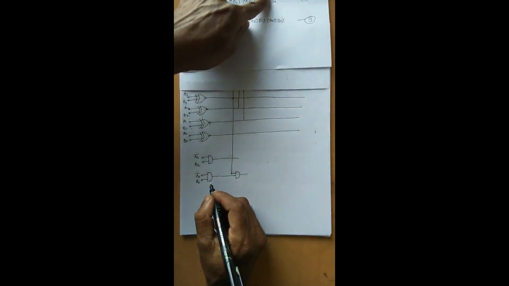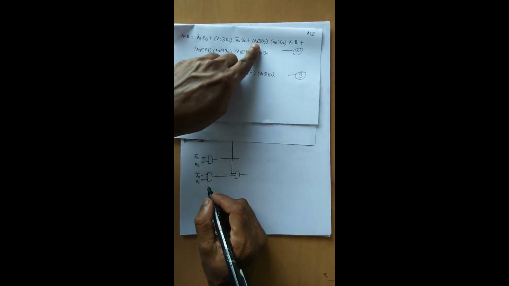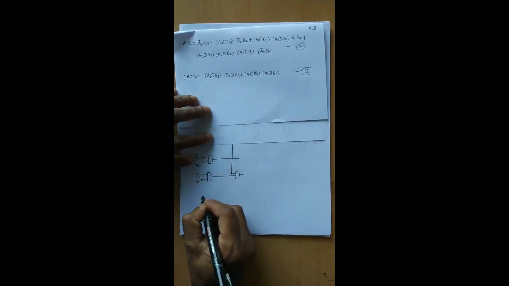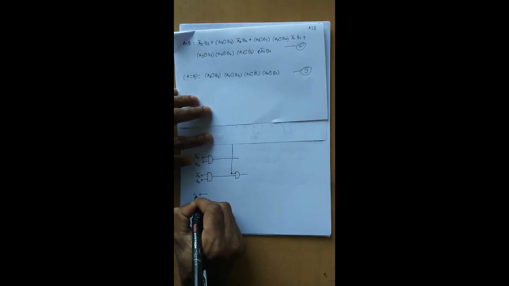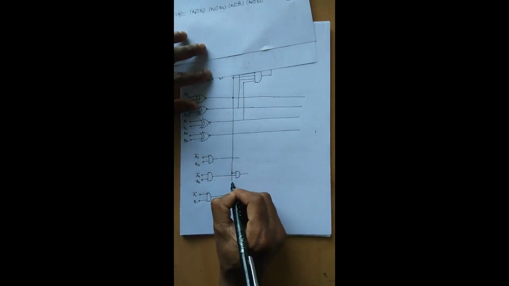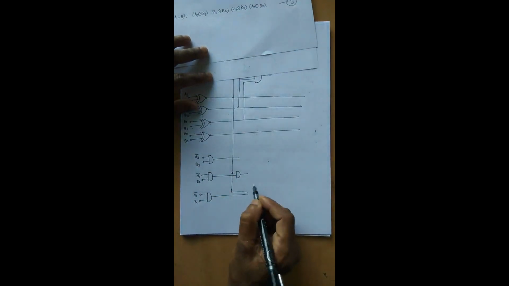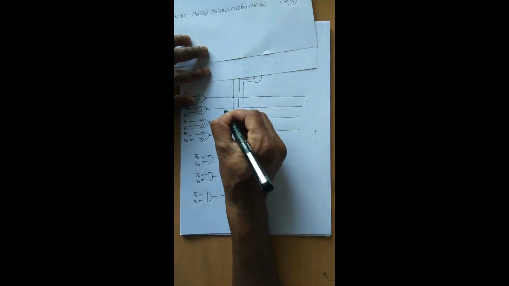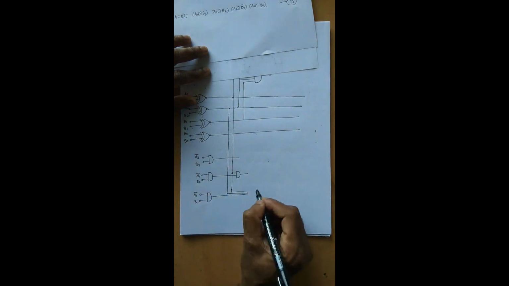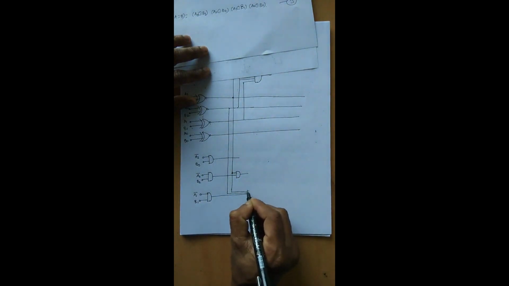Okay, then next for this term we need A3 XNOR B3 as well as A2 XNOR B2 and A1 complement into B1, they are ANDing with each other. Okay, and then what are the outputs? This input, as well as A2 into B2, this input, they are ANDing with each other.